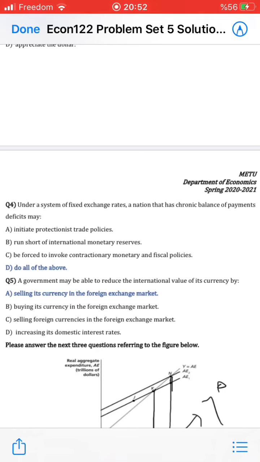The more the supply of Turkish lira, the depreciation of the Turkish lira will be greater, because if you have a lot of something, then the value of it will decrease, just like in any market. So you can sell your own currency in the market, not foreign exchange.